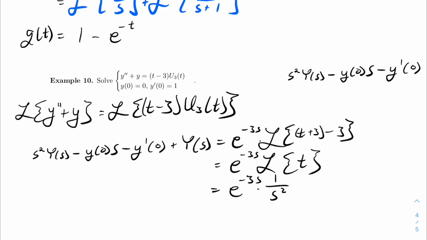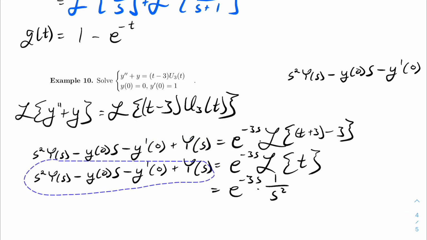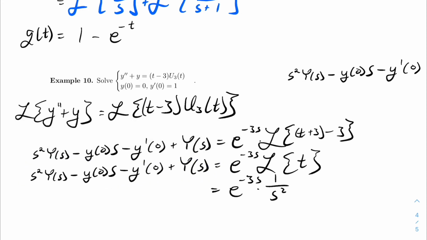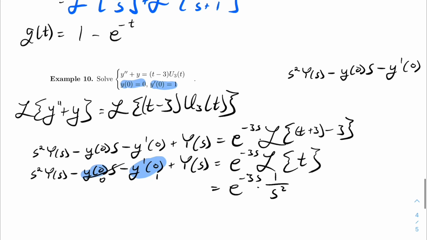All right, let's deal with the left-hand side now. Just going to copy that because we're not doing anything there. y of 0 is 0. y prime of 0 is 1. So this thing goes away, and this is just a minus 1.